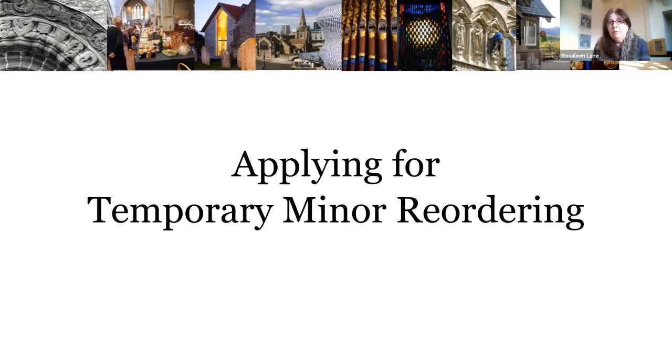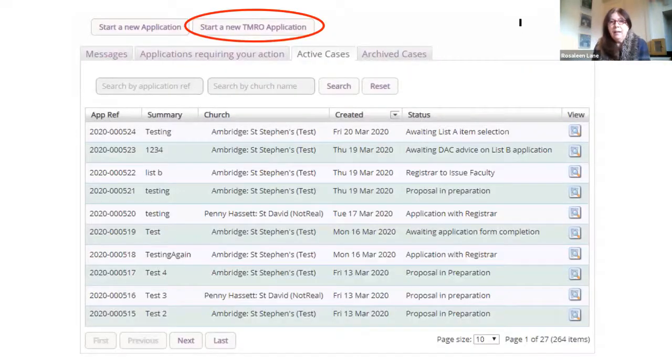And if we move on, we'll see how it is for temporary minor reordering. So when you actually start a new faculty application, you will hit the button that's marked Start a New Application, which you can see on the top left-hand side of the screen. But for a temporary minor reordering application, there's a separate button which is circled in red, and you need to click on that one.